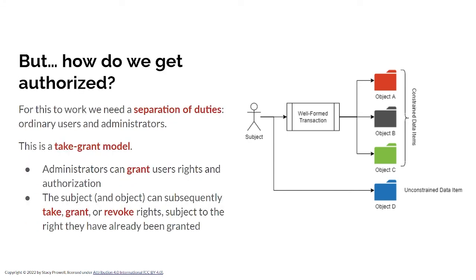But how do subjects and objects get authorized, right? We need a way to make that happen, and we introduce a new model, which is the take-grant model. An administrator can grant a subject some rights, and here's a collection of rights that you have. The subject can then take rights, and it can potentially, in some cases, grant additional rights to other subjects, right?